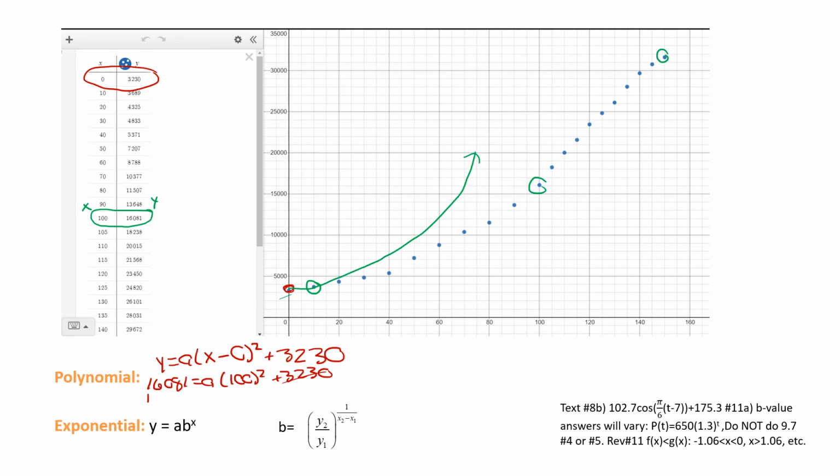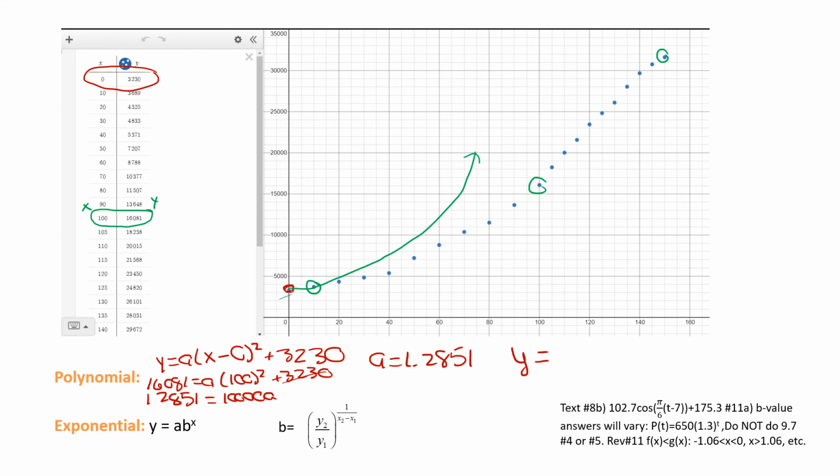You'll get 12,851 equals a times 100 times 100. Okay. And isolating a, we get a equals 1.2851.